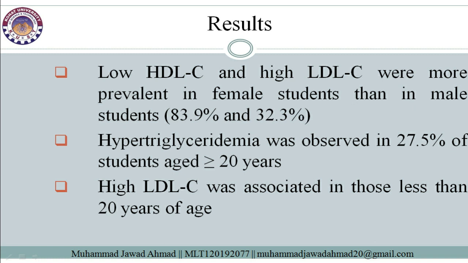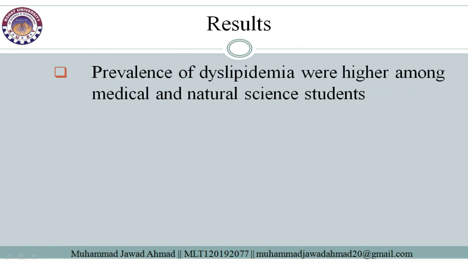Hypertriglyceridemia was observed in 27.5% of students aged greater than or equal to 20 years. High LDL-C was associated with those less than 20 years of age. And the prevalence of dyslipidemia was higher among the medical and natural science students.